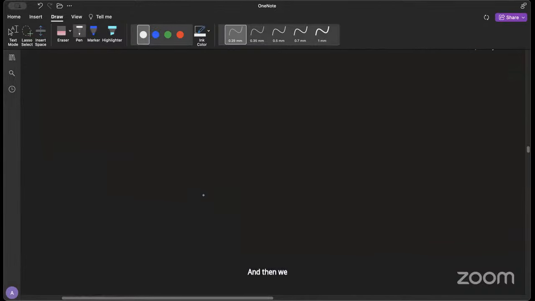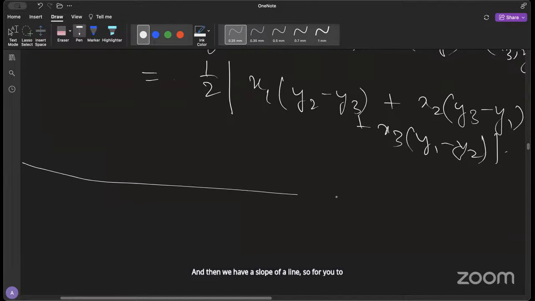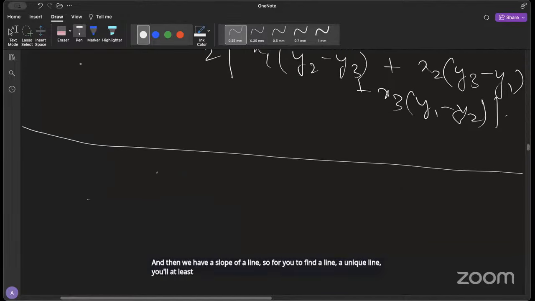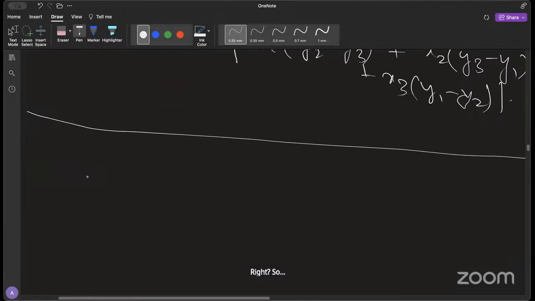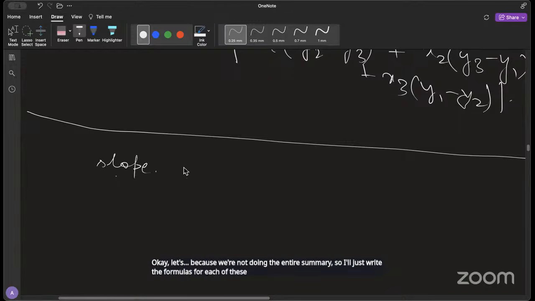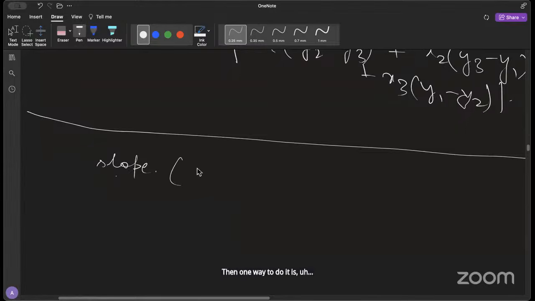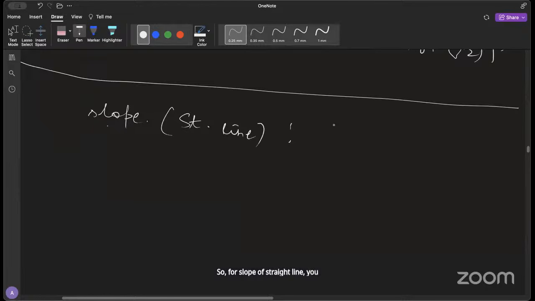And then we have a slope of a line. So for you to find a unique line, you'll at least need 2 points, or 1 point and slope, right? So slope of a line is basically the tan of theta. Because we're not doing the entire summary, I'll just write the formulas for each of these. So for slope of a straight line, you can simply take 2 points on that line.